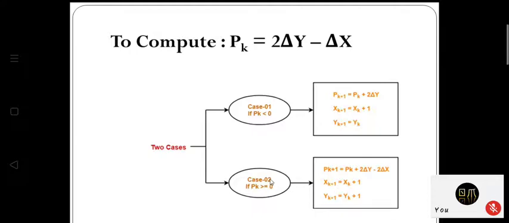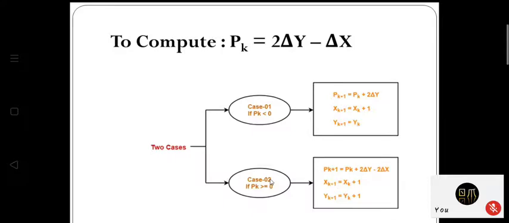Then if your decision parameter is greater than or equal to 0, that means the decision parameter is 0 or any positive integer value, how will you compute the decision parameter and new x and y values? For the decision parameter, it will be the previous decision parameter plus 2 delta y minus 2 delta x.